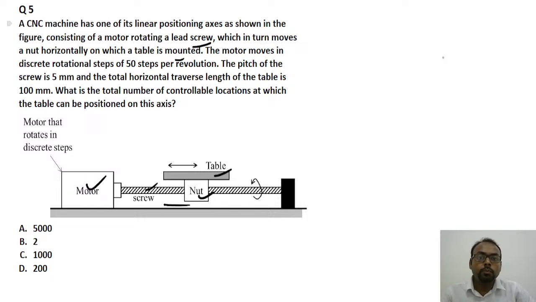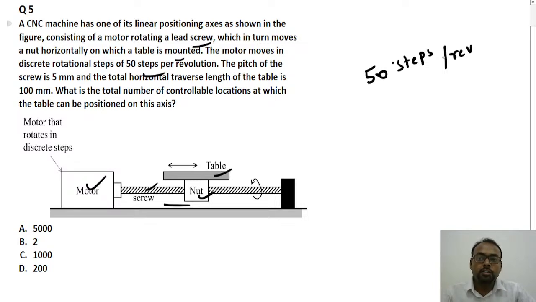Now the motor moves in discrete rotational steps of 50 steps per revolution. So this motor is running 50 steps per revolution, right?